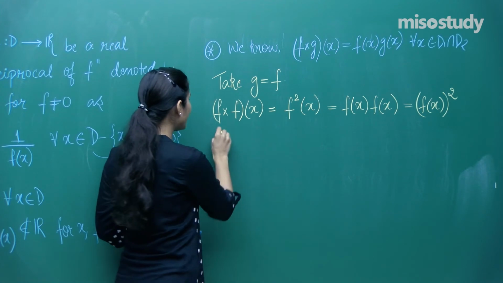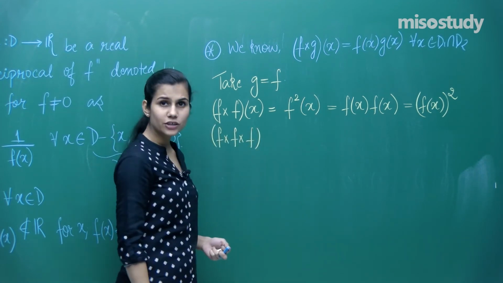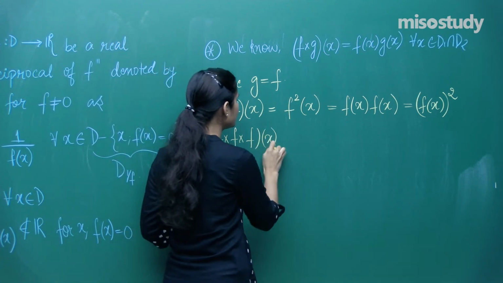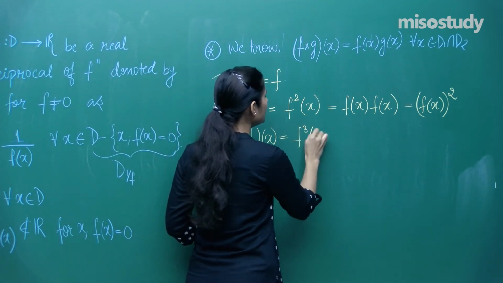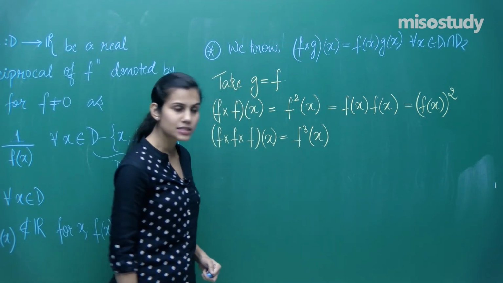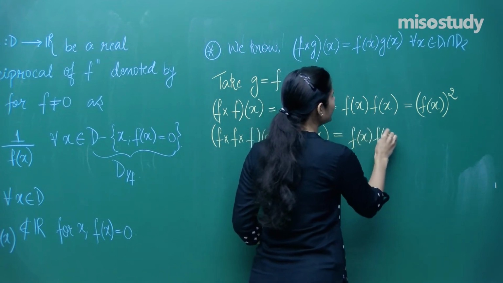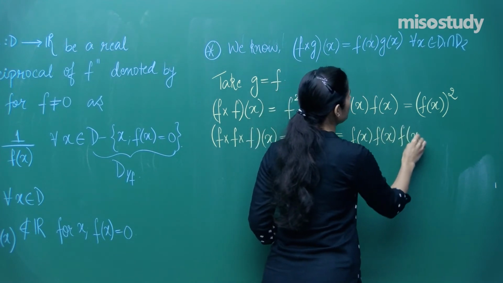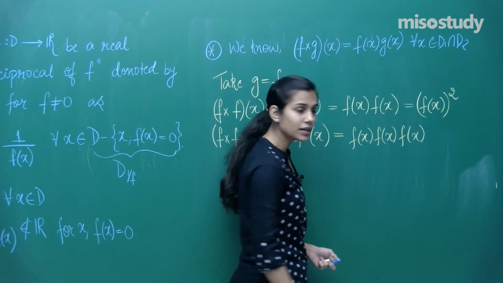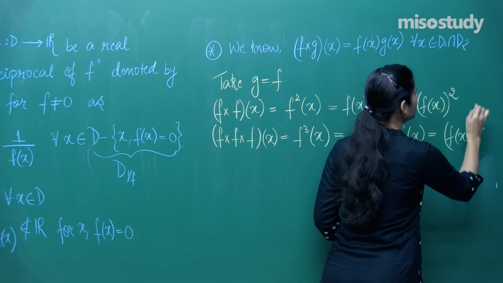If I try and do that with three functions, the same function f multiplied thrice is denoted by f cube x, because f is being multiplied 3 times. And this by definition is nothing but f(x) into f(x) into f(x), the pointwise product, which is nothing but f(x) cube.